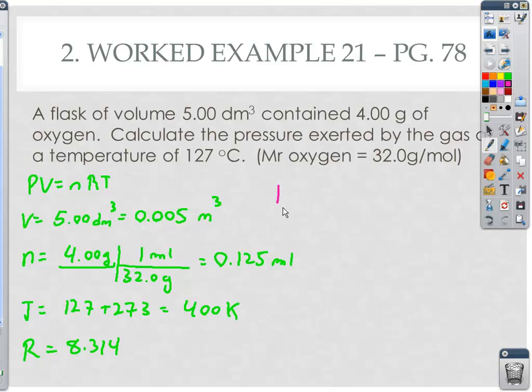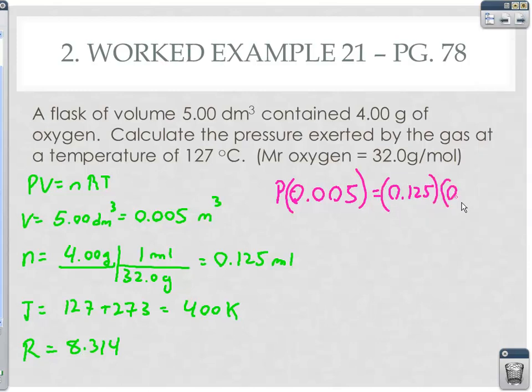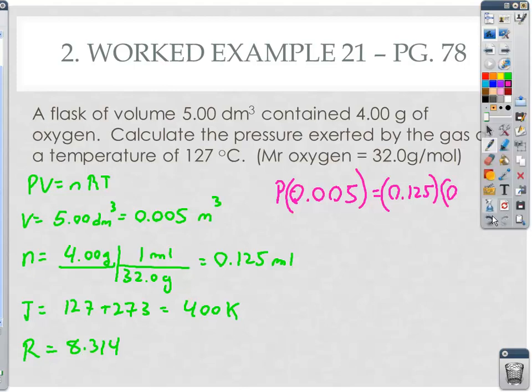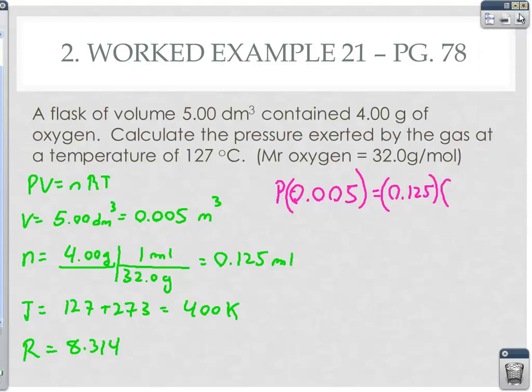And R is always 8.314. Alright, plug and chug. P we don't know. V is 0.005, equals 0.125 moles, 400 and 8.314.